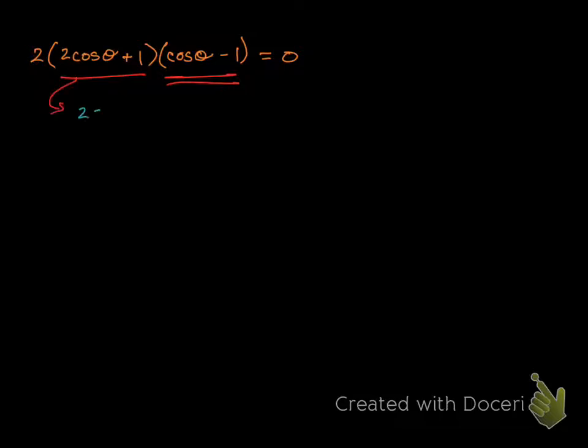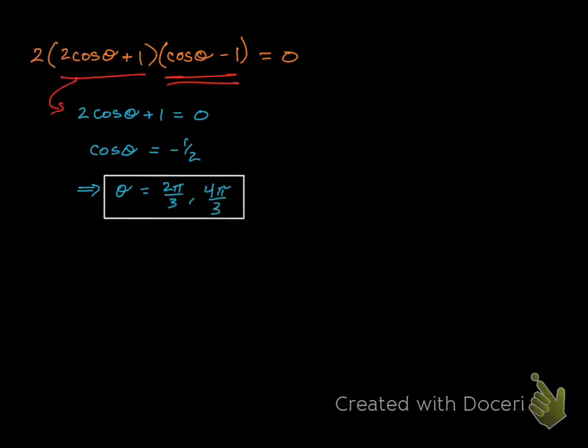So the first one, 2 cosine theta plus 1 equals 0, is the same as saying cosine theta equals minus a half. Cosine of theta is a half at my pi over 3 angles, but when it's negative, it's in the second and third quadrant. So the pi over 3 angle in the second quadrant is 2 pi over 3, and in the third quadrant, 4 pi over 3.